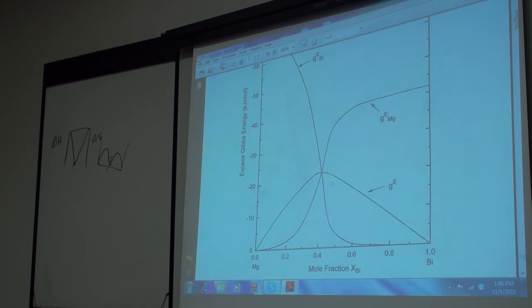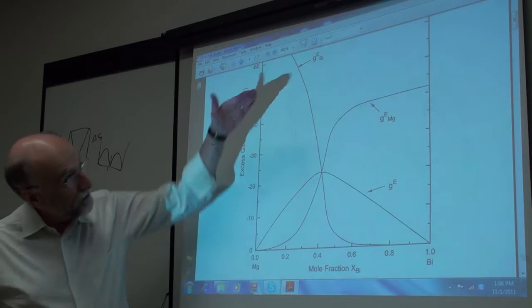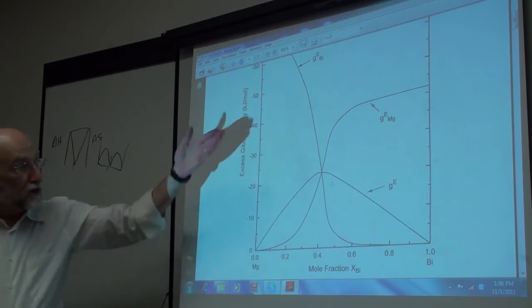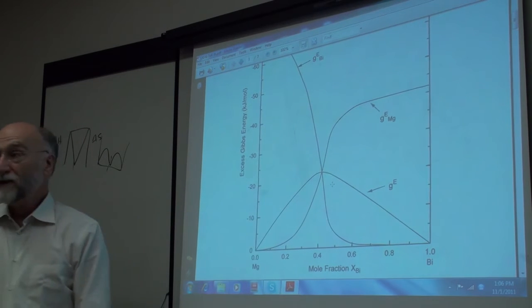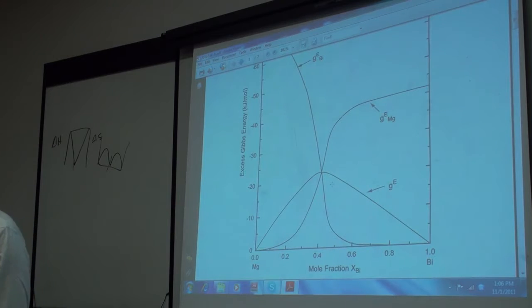GXS of bismuth has the same approximate shape. A partial property that has this kind of shape is also indicative of short-range ordering, and the point where it changes abruptly is around the short-range ordering composition.